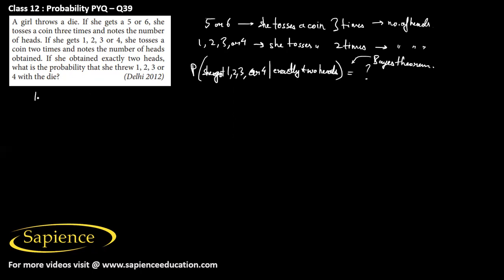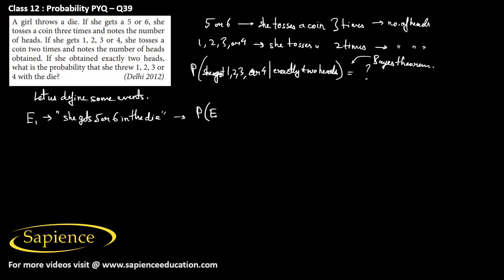So here let us define some events. Let the event E1 represent the event that she gets 5 or 6 in the die. Then P of E1 will be 2 by 6, since when she throws a die, the sample space is 1, 2, 3, 4, 5, and 6.